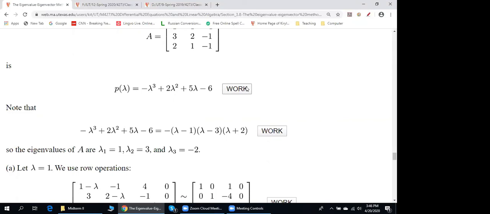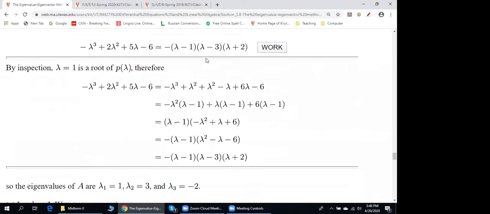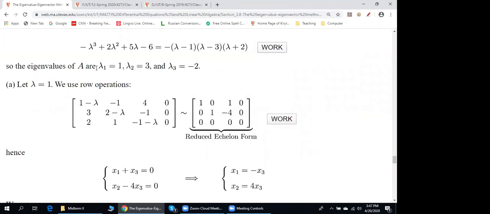Since we have a polynomial of degree 3, the big question is how we find its roots. Again, what is shown here? We factor this polynomial. So the eigenvalues are lambda 1 is equal to 1, lambda 2 is equal to 3, lambda 3 is equal to -2.